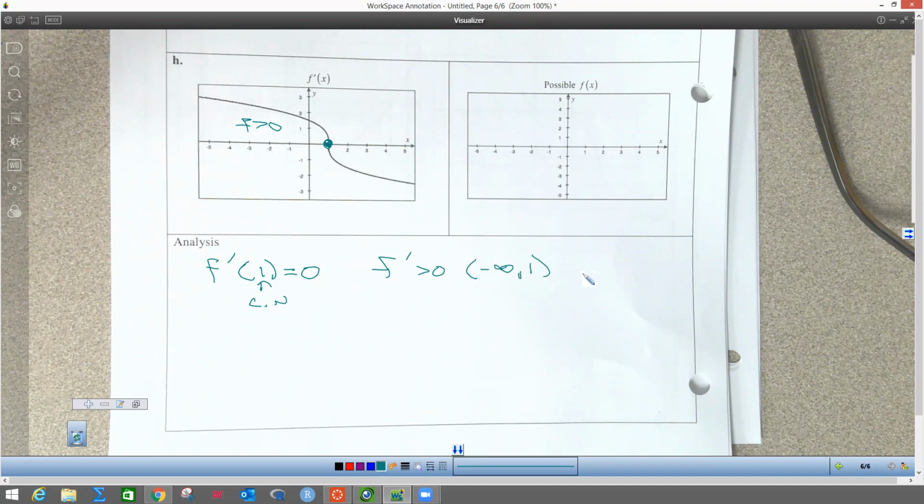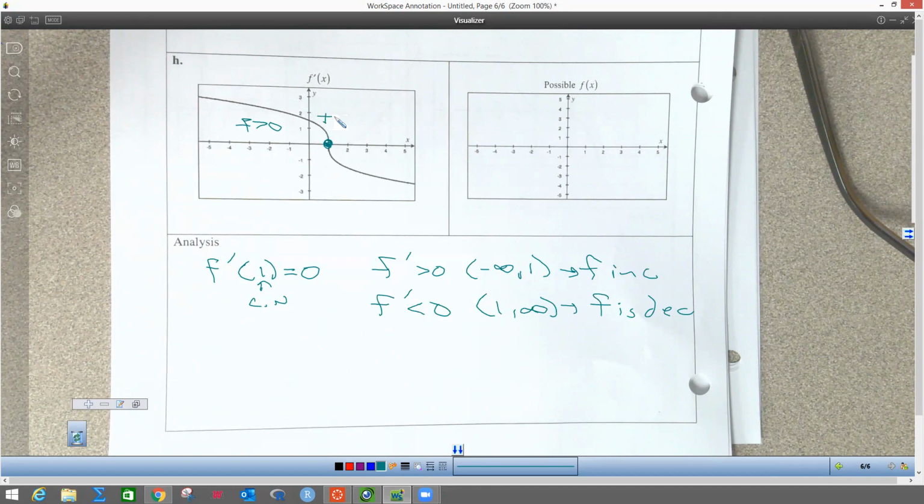Which tells me the graph is increasing, right? f is increasing on this interval. And then f prime is less than 0 because it's below, from 1 to infinity, which tells me f is decreasing. Now what else does this tell me?